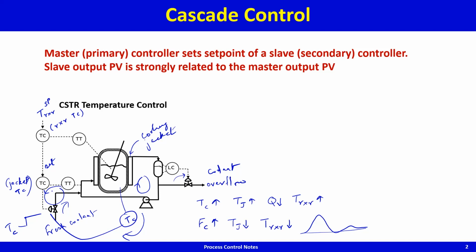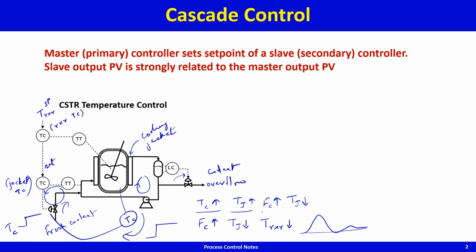Okay, so what happens is coolant temperature goes up, jacket temperature goes up, and in response to that the slave controller causes flow of the coolant to go up and jacket temperature is immediately brought back.